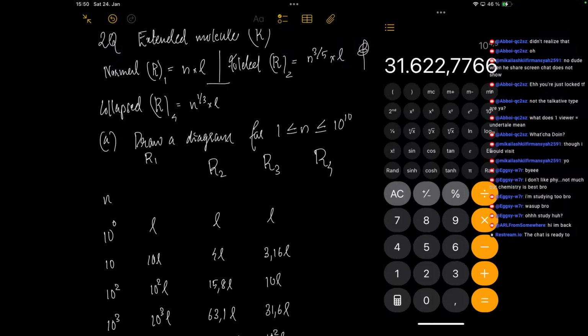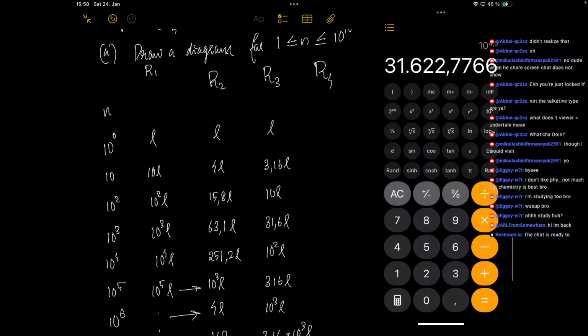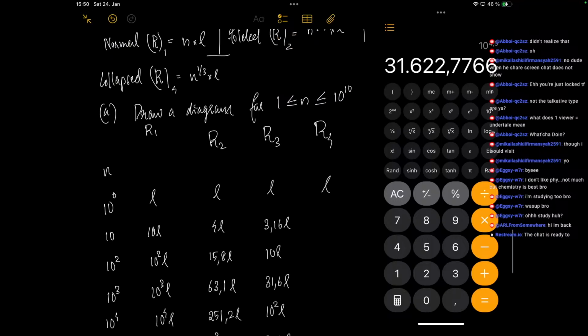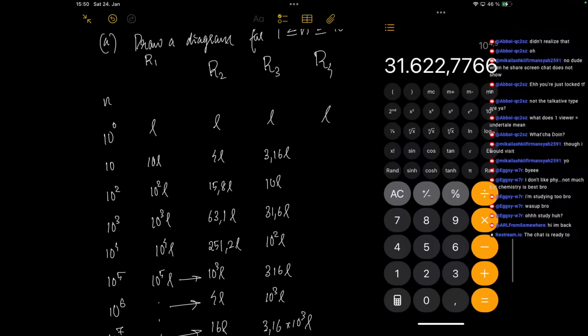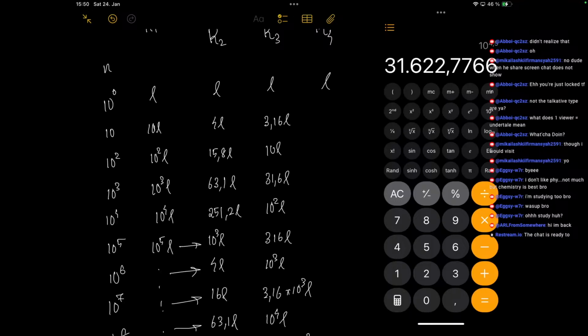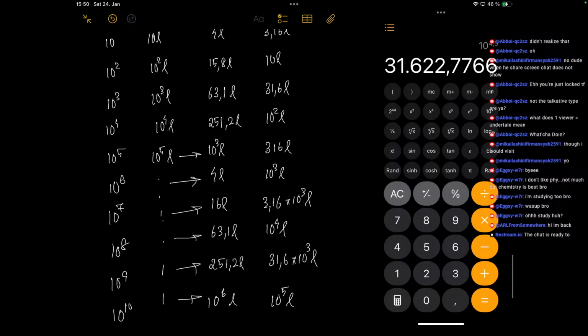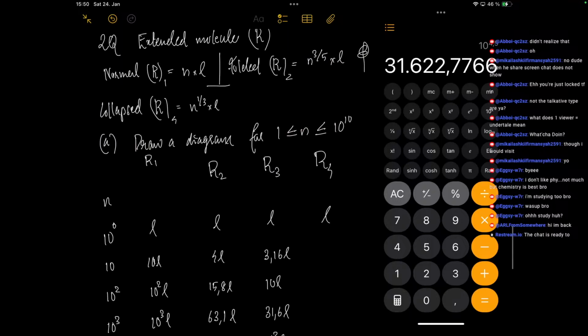What's R4? It's 1 by 3. They all start at L. That's interesting. So I'm guessing the normal R1 is gonna have exponential growth, or is it gonna be just power law? I don't know. 1 by 3.